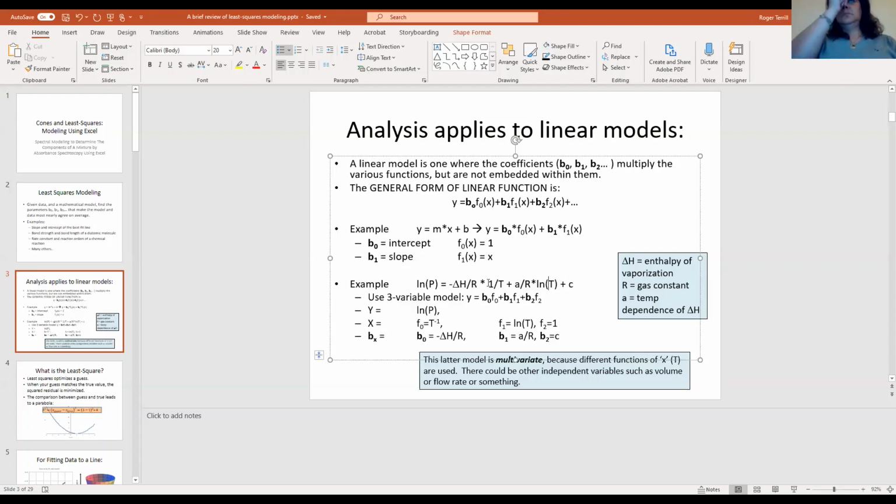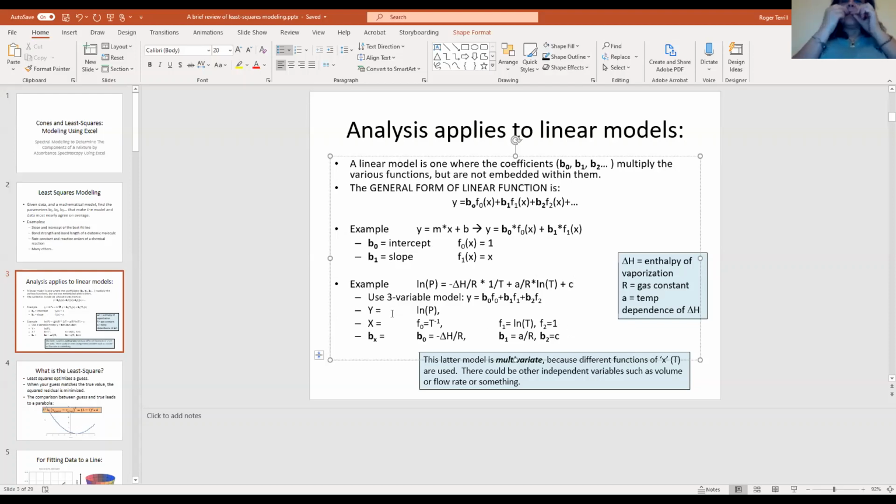And so there are now 3 functions of x here. There's 1 over T, there's log of T, and there's the number 1, which is like T raised to the 0 power.